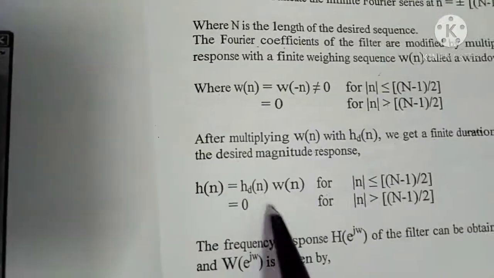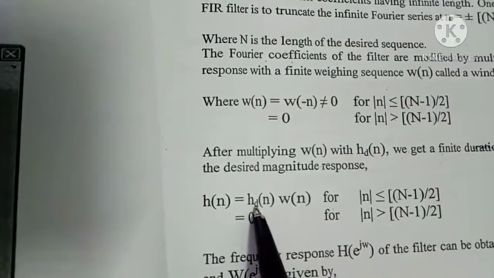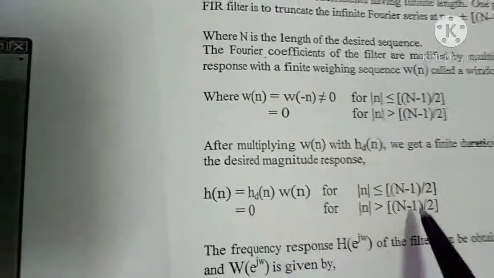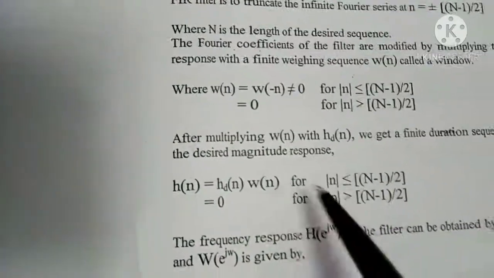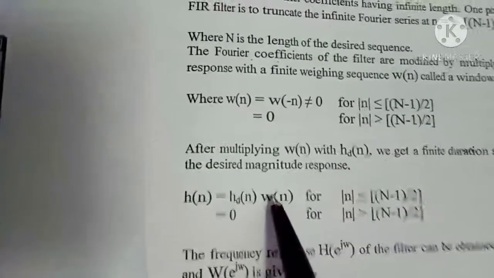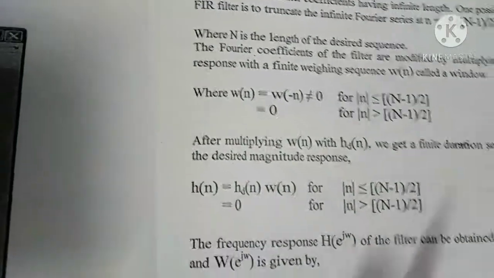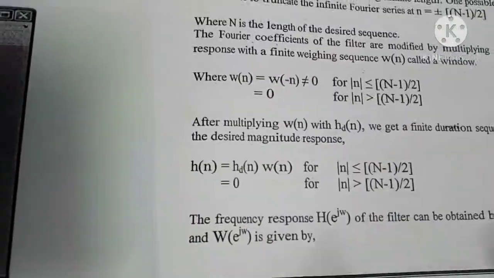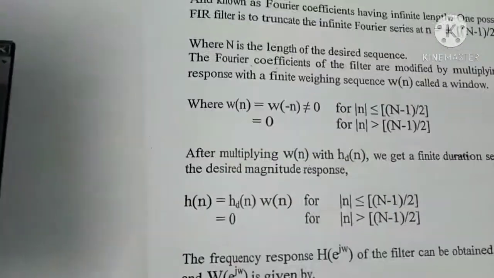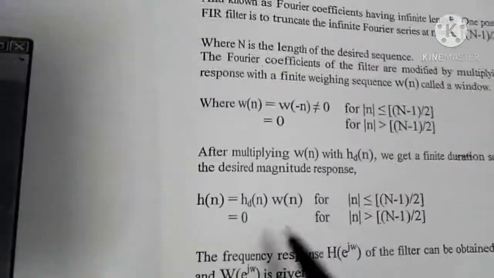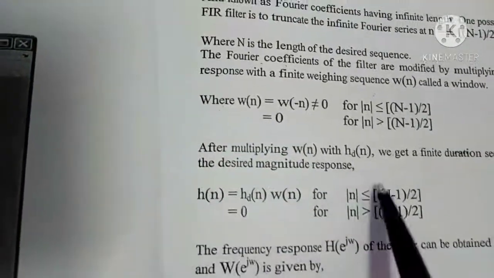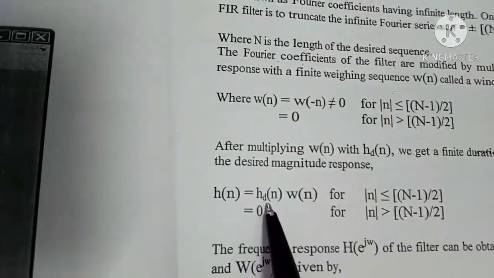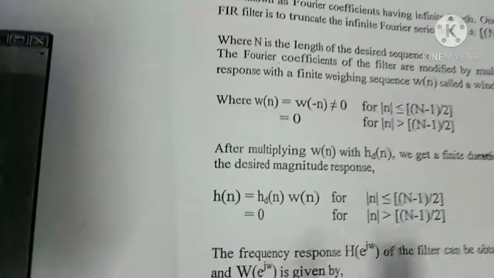By the windowing technique, how much I want, that much I can get, depending upon the n values you have given. We want to restrict our h of n within those values, 10 values, 20 values, however many values of low pass filter you want, we can design using this. We just multiply our window with hd of n to get our finite impulse response.